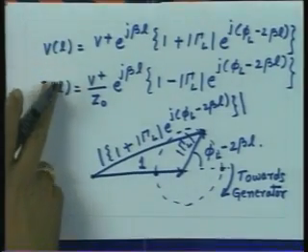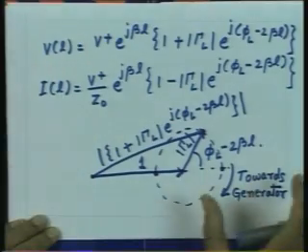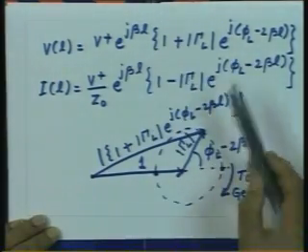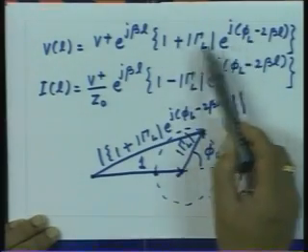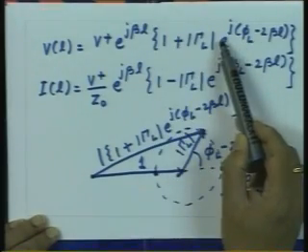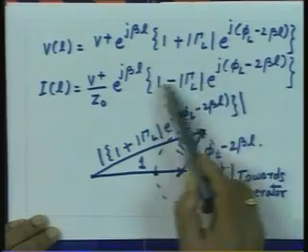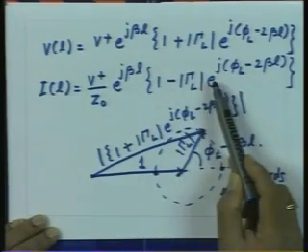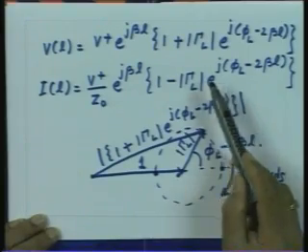So, I see that the variation of voltage and current is bound by 2 limits. When the 2 terms directly add to each other, that time I will see the maximum voltage. If they cancel each other, I will see the minimum of the voltage. Similarly, when these 2 terms add to each other, I will get the maximum current, and when these 2 terms cancel each other, I will get the minimum of the current.